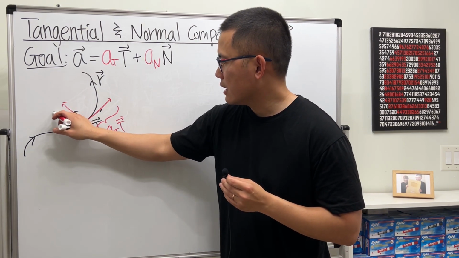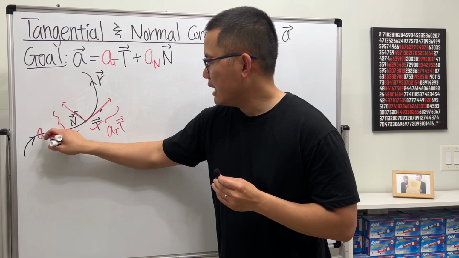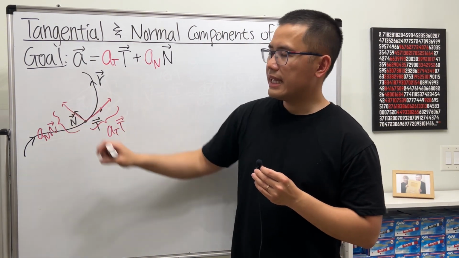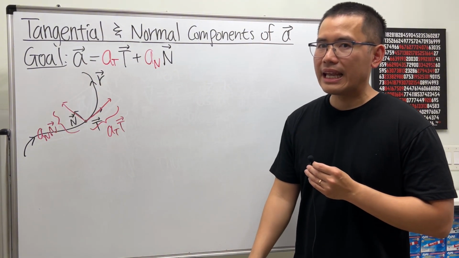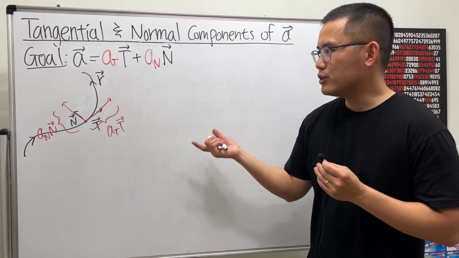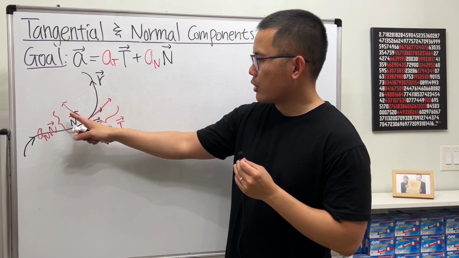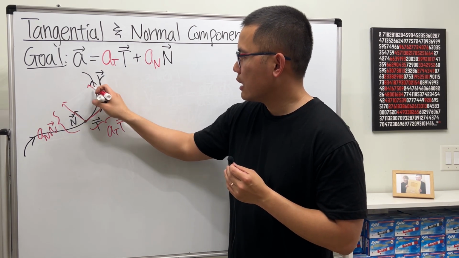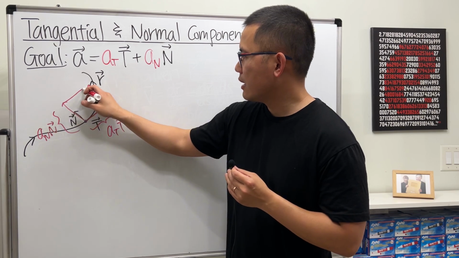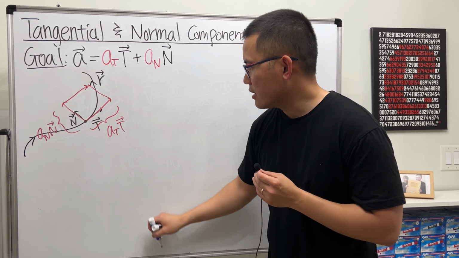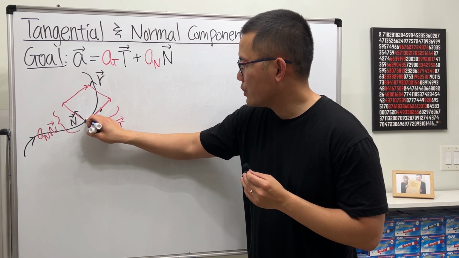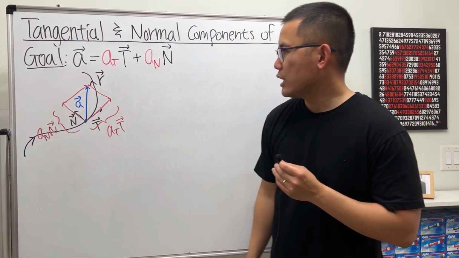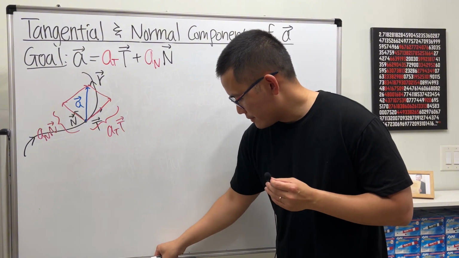So this is A_N times N. Now we want to combine this and that together to get A. How? Well, just do the addition of two vectors. Use the parallelogram method. I'll put this one right here, and then I'll put this one right there, and then just connect the diagonals, right? From here to here. And this is where the acceleration vector is pointing.